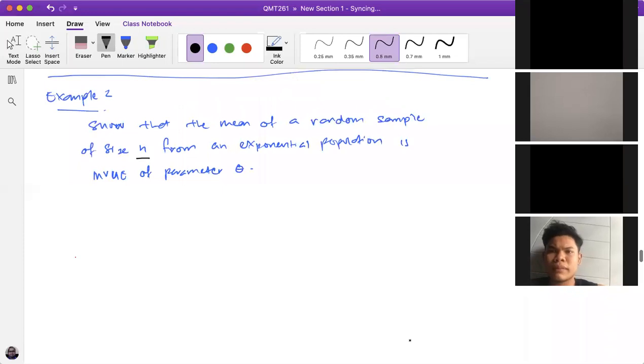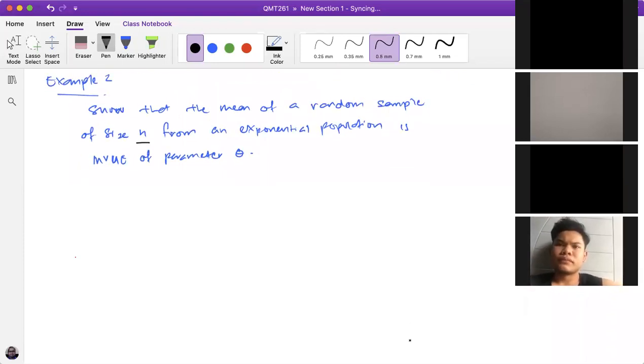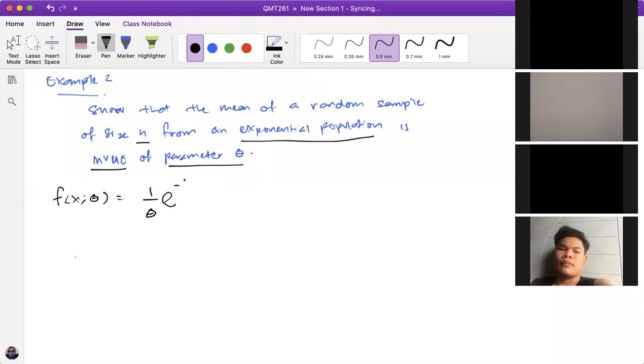Example number 2: show that the mean of a random sample of size n from an exponential population is the MVUE of parameter theta. The PDF for the exponential distribution with parameter theta is 1 divided by theta times exponential of negative x divided by theta, for x more than 0.